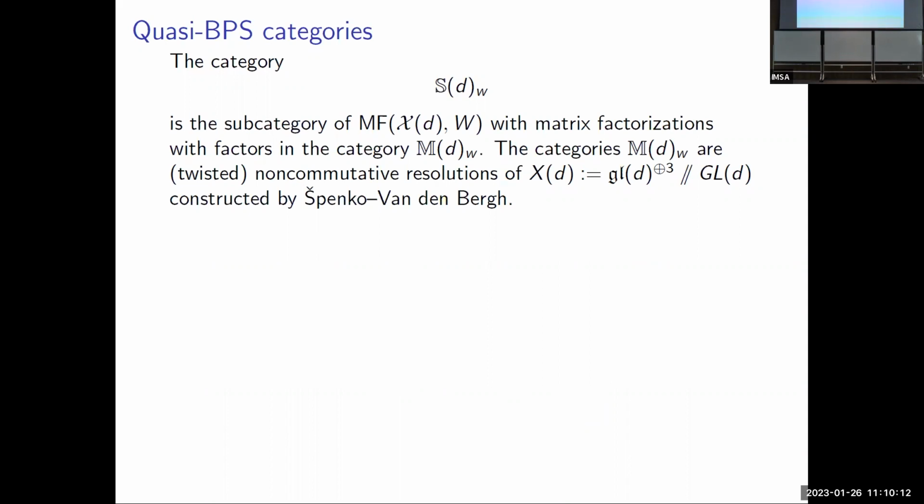And these categories are twisted non-commutative resolutions of the coarse space of the stack X(d), which was the relevant stack when defining the Hall algebra, constructed by Špenko and Van den Bergh.